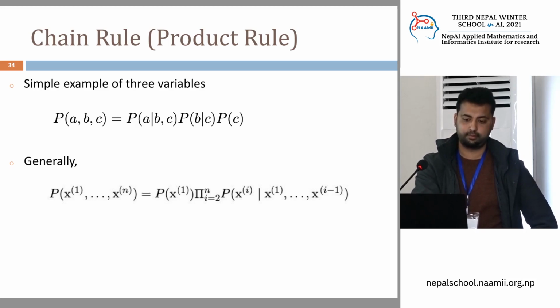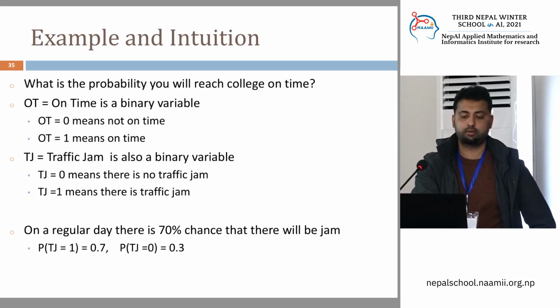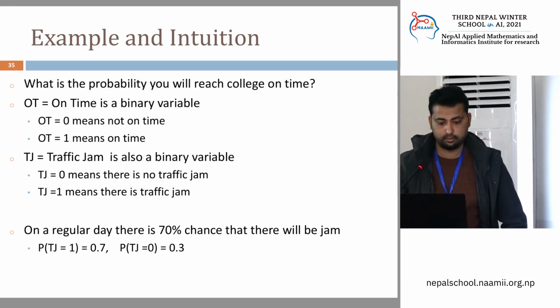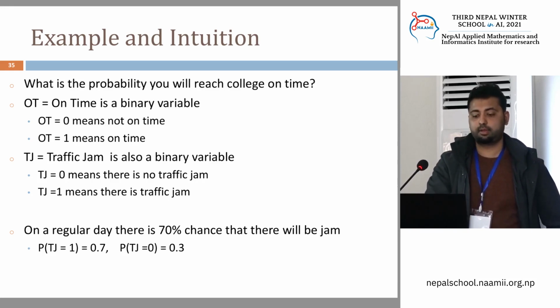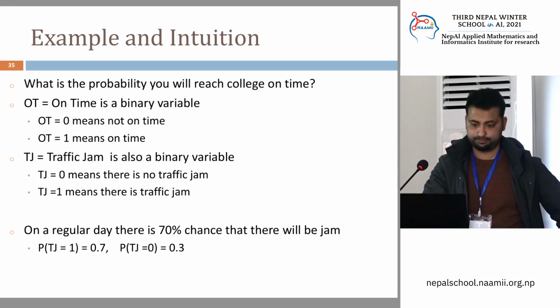For example, if you want to find the joint probability of A, B, C, you do A given B comma C, and then these two form the probability of B comma C. So this is the probability of A given B comma C, times the probability of B given C, times the probability of C.